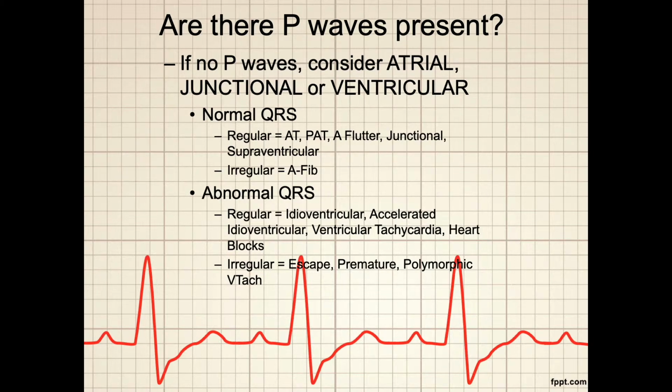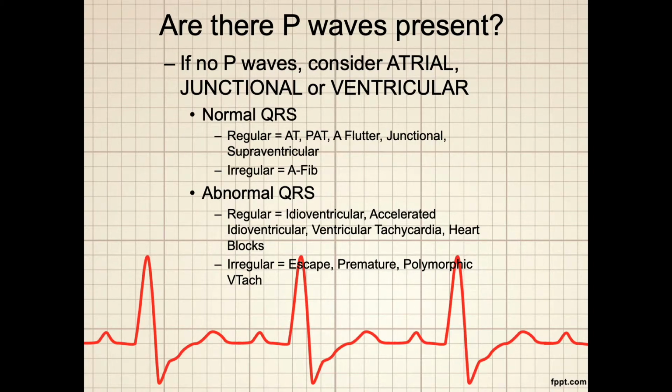Rhythms that have an abnormal QRS complex and whose rhythm is regular include idioventricular rhythms, accelerated idioventricular rhythms, ventricular tachycardia, and heart blocks. If the rhythm has an abnormal QRS complex and is also irregular, you may be looking at escape beats, premature beats, or even polymorphic ventricular tachycardia.